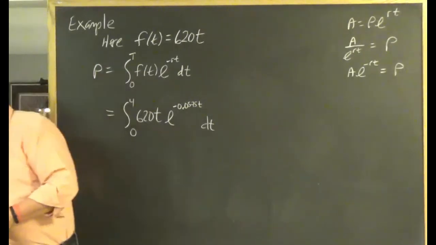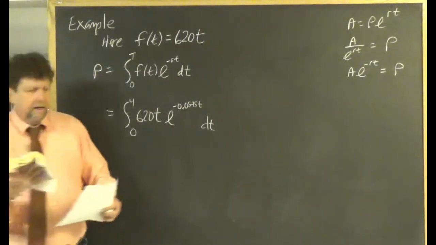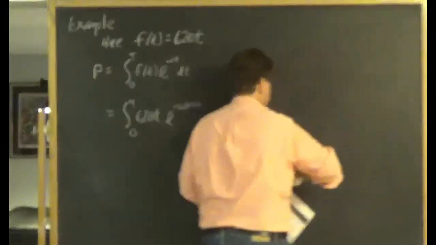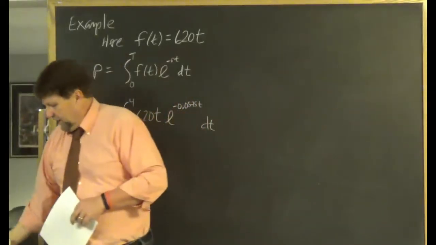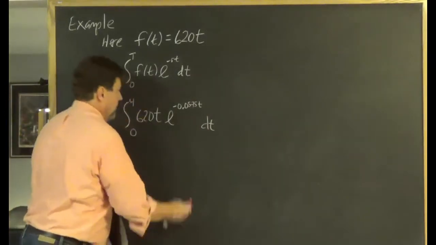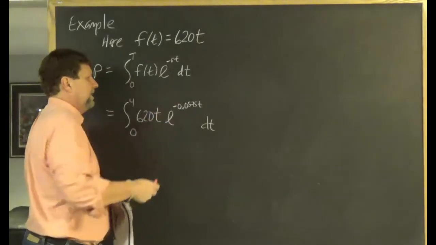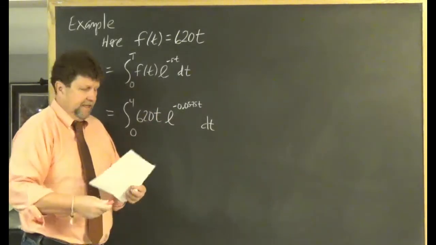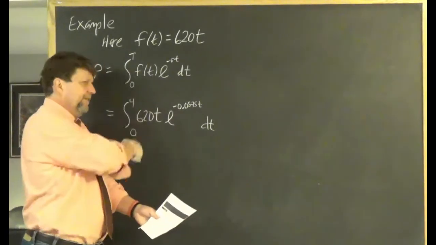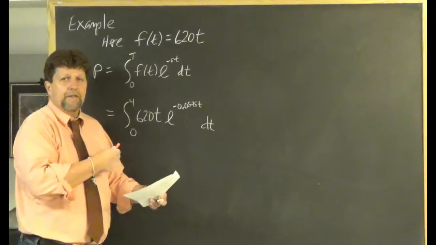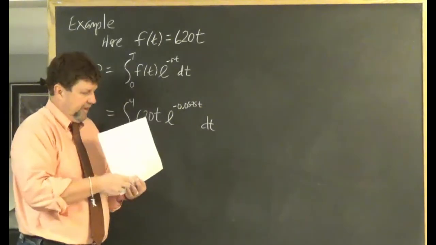So I'm going to erase this over here, folks. I want to get an antiderivative for 620t e to the negative 0.0575t. It's a definite integral, but I want to get the antiderivative and then use my limits of integration and the fundamental theorem of calculus.